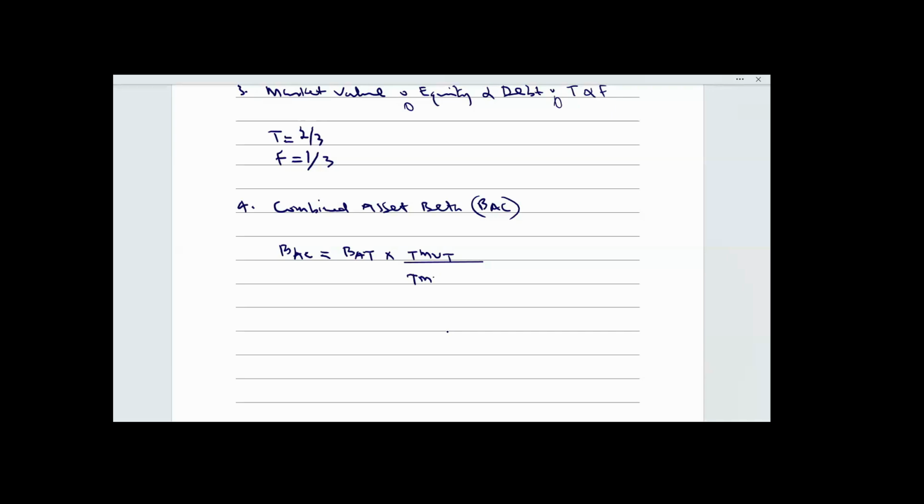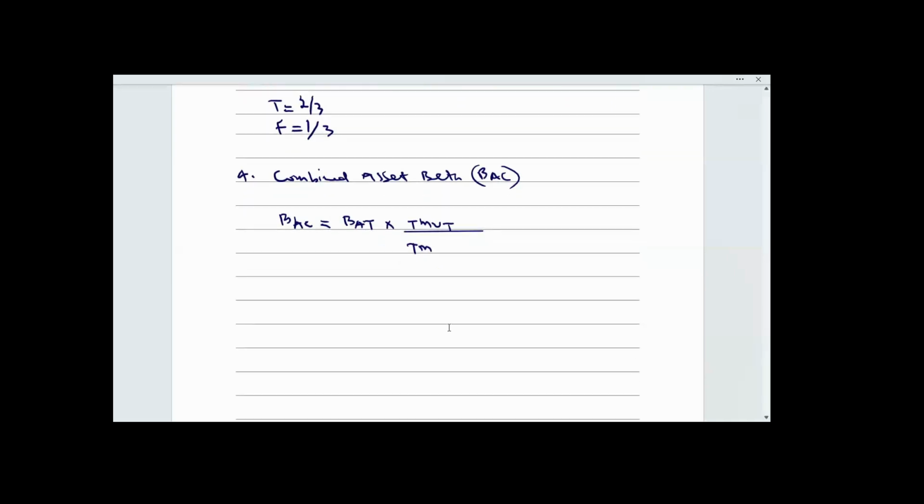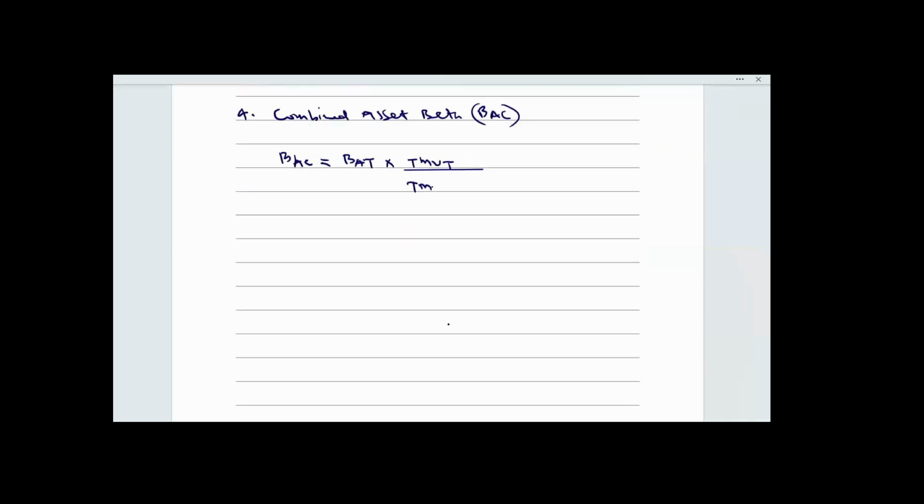Okay, let me write this. TMV of training and financial service on one side, plus, open a bracket, beta asset of financial service multiplied by total market value of equity and debt of financial divided by total market value of equity and debt of training and financial services.